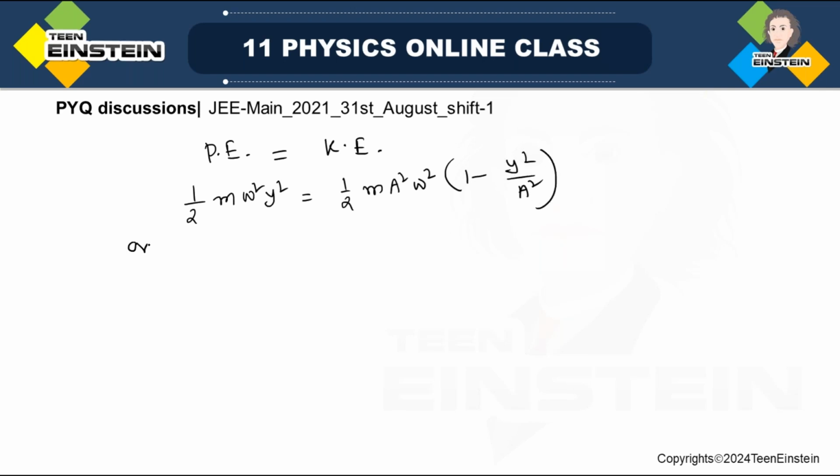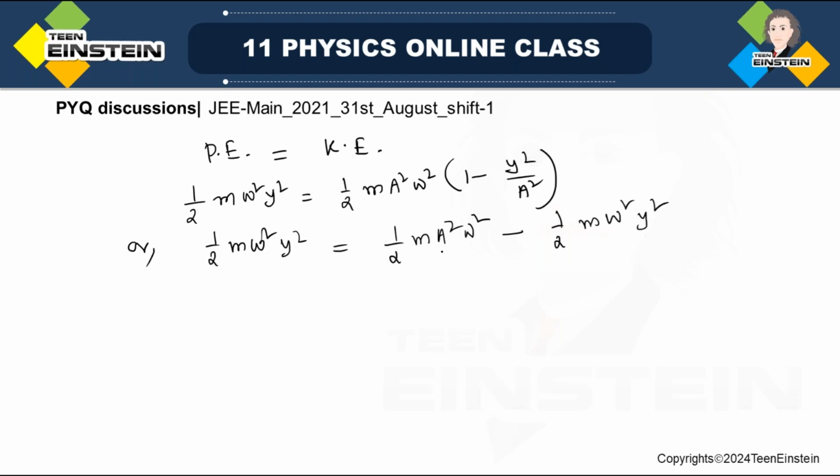Then I have half m omega square y square is equal to half m a square omega square, along with half m omega square y square.